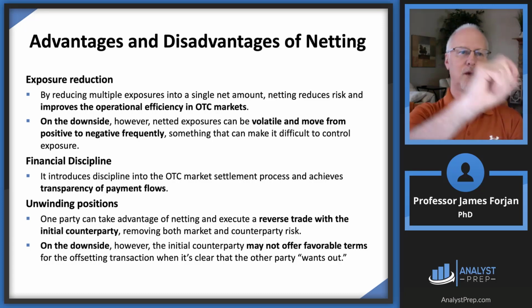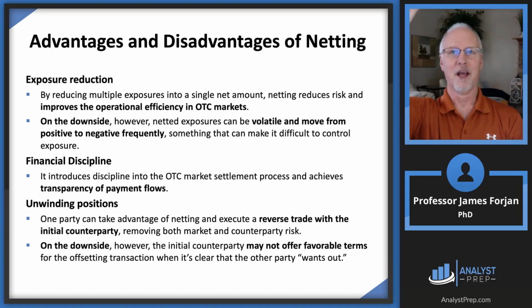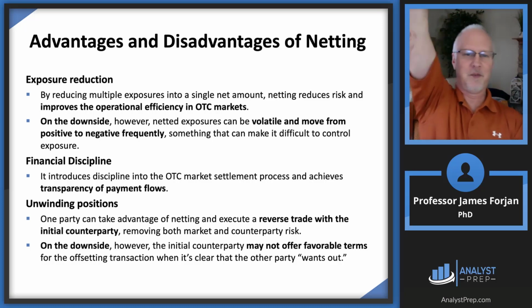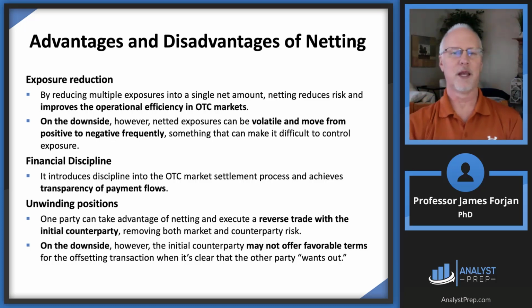But suppose that we go all the way up here and then all the way up here. Can you see my hands way above? Suppose we get a contract that has very high positive or very negative mark-to-market values, then that's when this financial discipline effect will become more obvious. And then I have talked to you before about layering one derivative on top of another derivative.